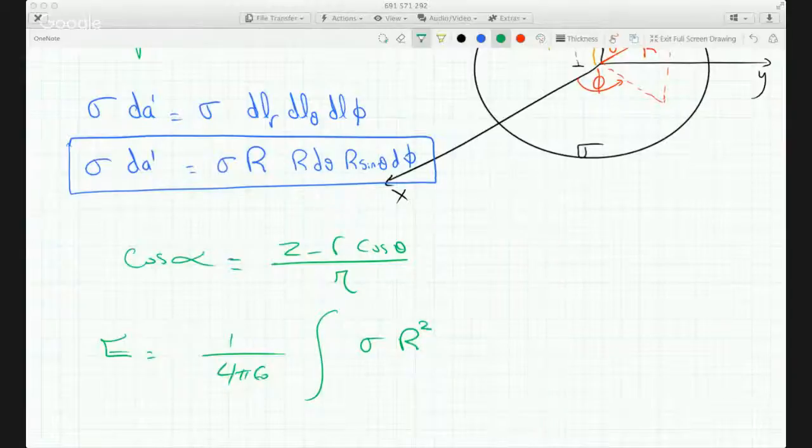Dl theta. Oh yeah, I doubled one of the r's.